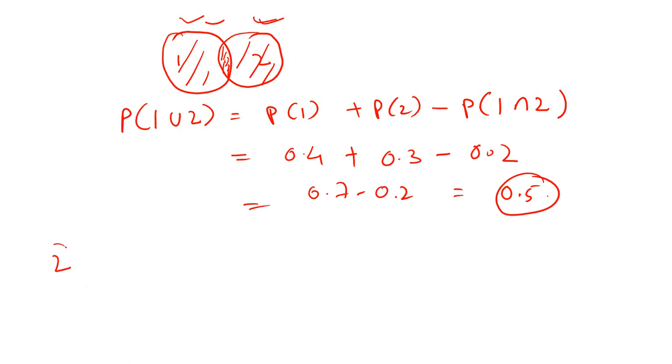Now the second part to this question is, what is the probability that somebody will get the answer wrong? Okay, that means neither of these will happen. Neither will the student be able to answer question 1, question 2, or both the questions, right? So how do we answer this?